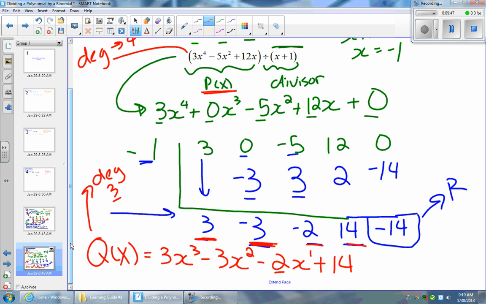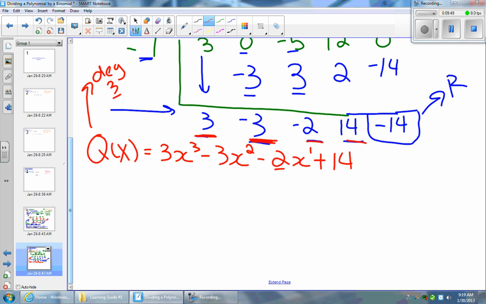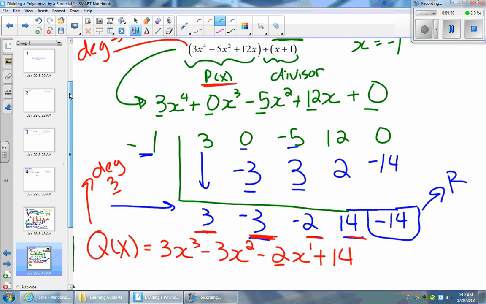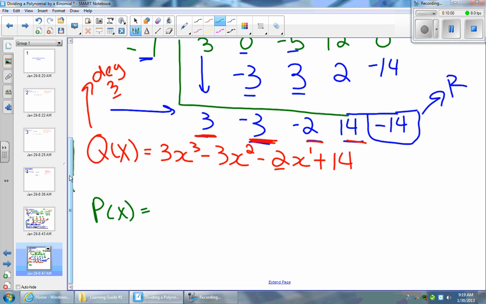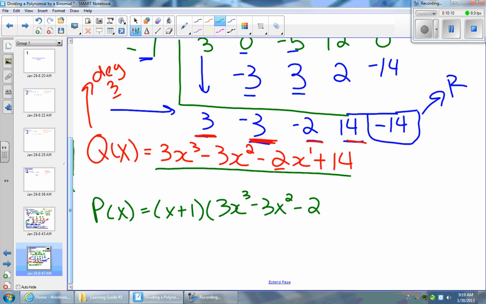Now I want to write my division statement out, and that will be it. So p of x is equal to the divisor, which is, let me go back to make sure this is right, x plus 1, times the quotient, which is right here, 3x cubed minus 3x squared minus 2x plus 14.